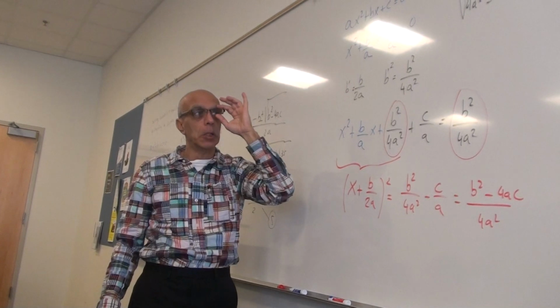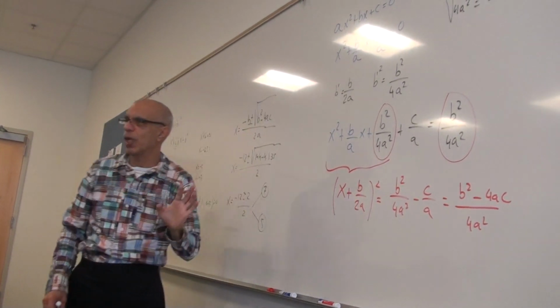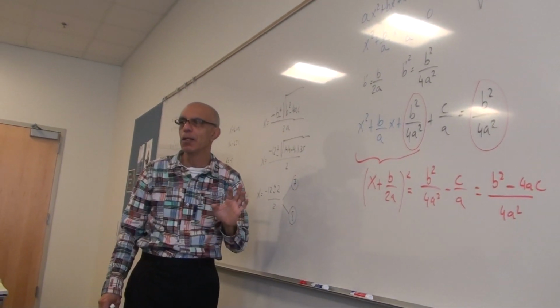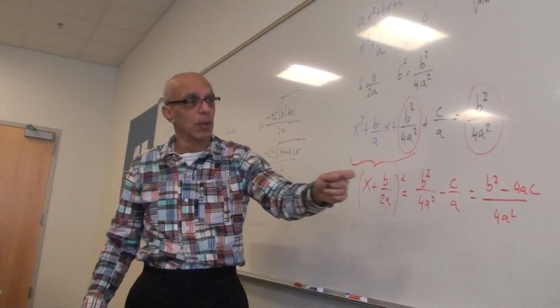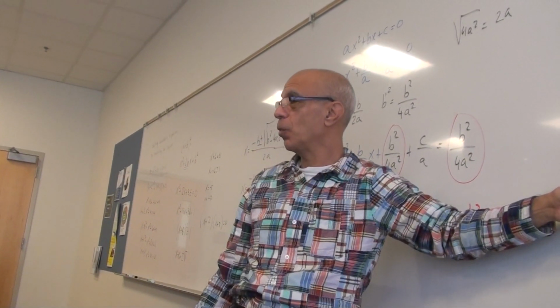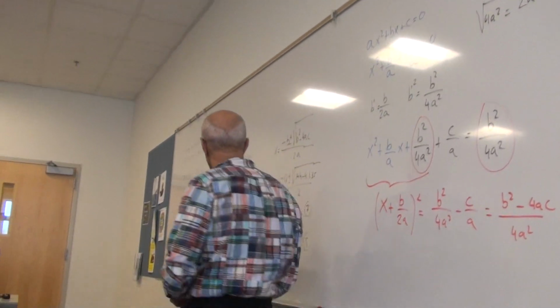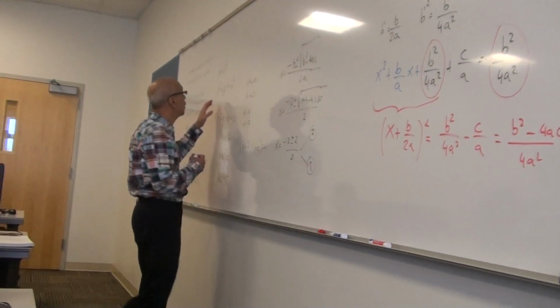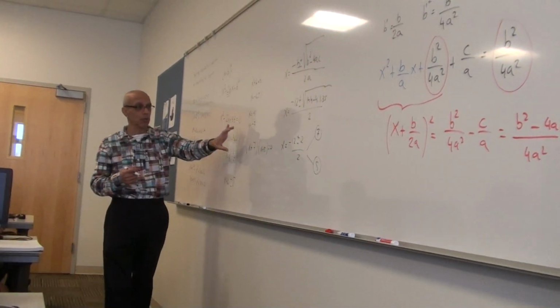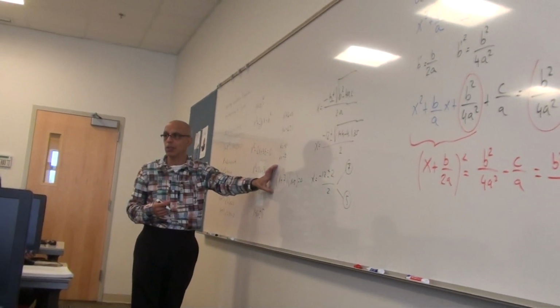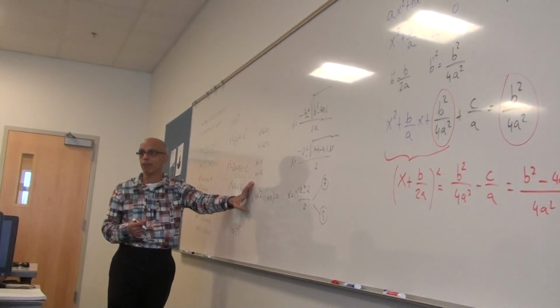So completing the square works for any quadratic equation. And so we can use this formula to solve any quadratic equation. Now, when you are able to factor, of course you want to do it by factoring. It's much easier and much faster. Is that okay?